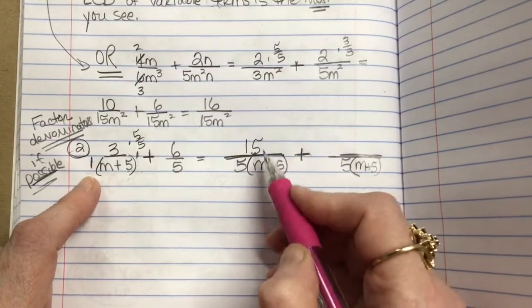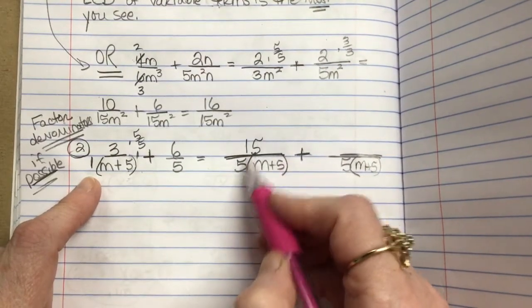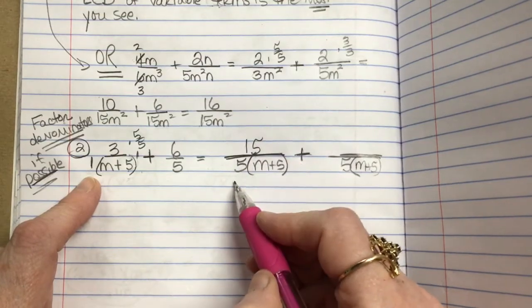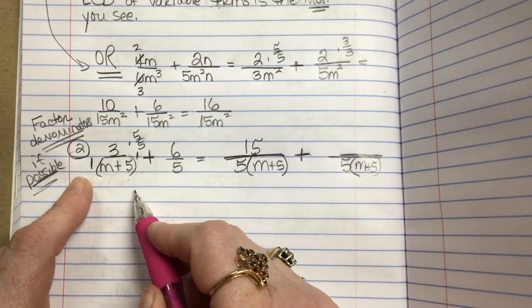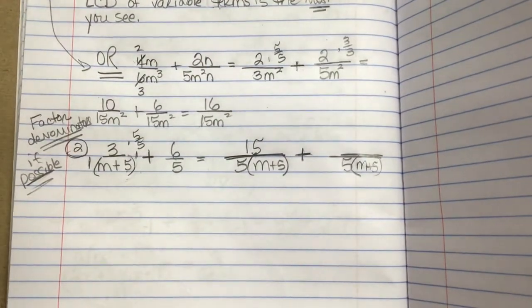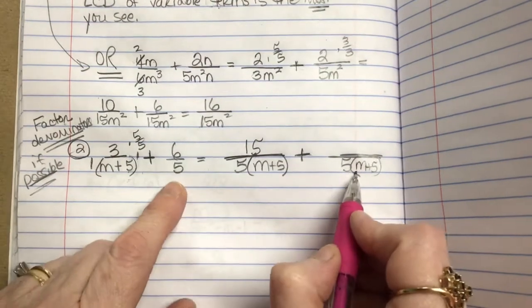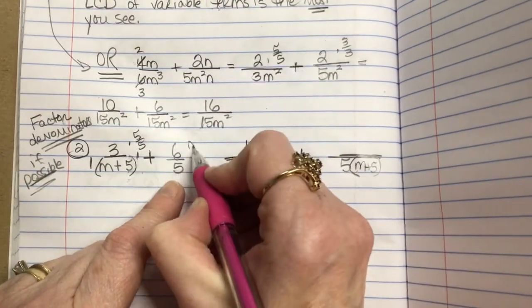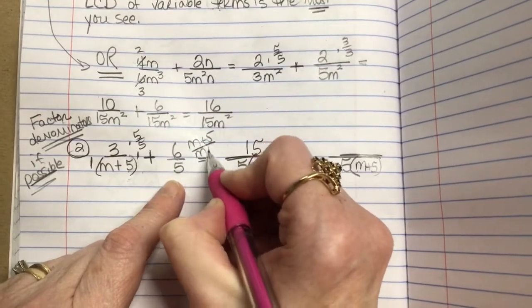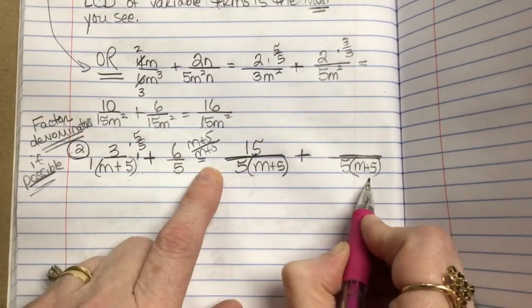Now, don't come back over here and cancel. We talked about that on lesson 19. Because if you cancel now, you won't have common denominators anymore. Once you get common denominators, you add and then reduce. What's this one missing? Plus 5 over m plus 5. Now, the bottom we left factored.